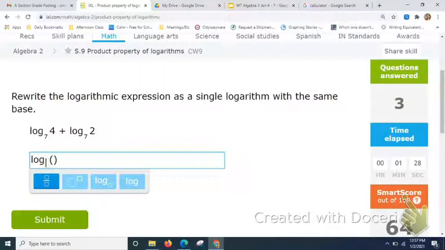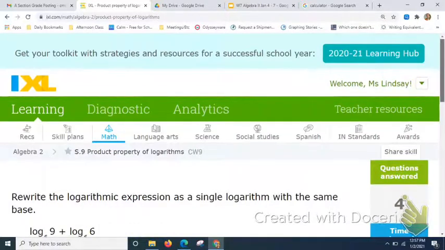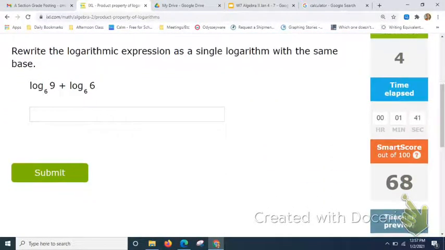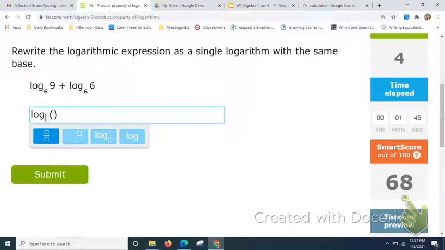So here I have to actually put in the base. So I have 7, and then 4 times 2 is 8. So log base 6, and then 9 times 6 is 54.